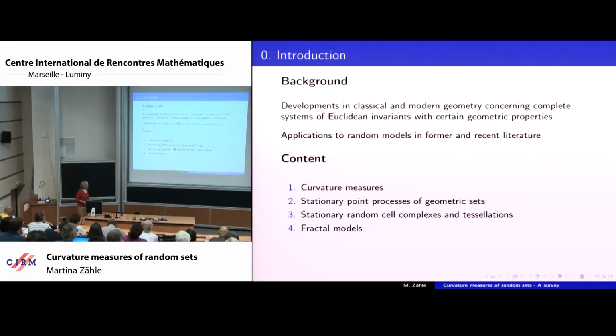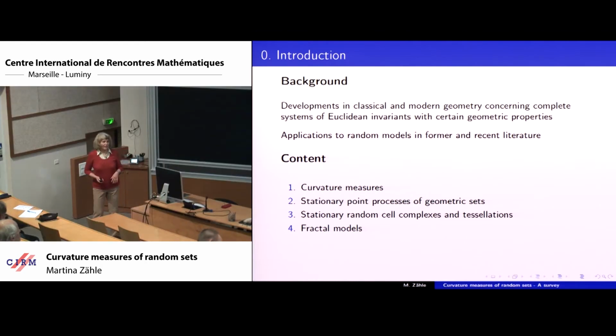The talk has three sections. In the first one, there is a certain introduction concerning curvature measures in general. Then I will cover some stationary point processes of certain geometric sets. These are things which are familiar to many of you from the point of view of convex bodies, and we heard already a few talks in this direction yesterday.